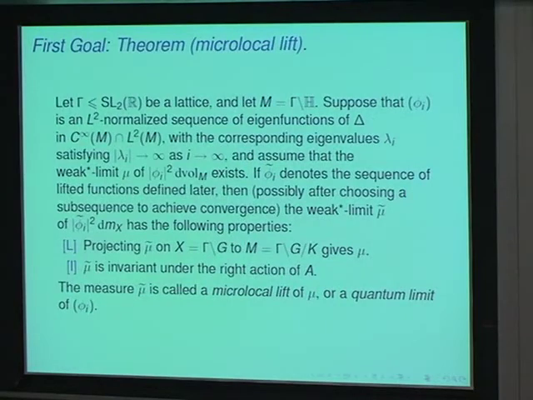There were two things claimed, namely that by doing this construction of these new eigenfunctions, where you sort of average over the weights, you get these functions that when you take the limit of the mass distribution of the new eigenfunctions on the unit tangent bundle, and you then project down to the surface, you get the old limit, but the new limit upstairs is invariant under the geodesic flow.